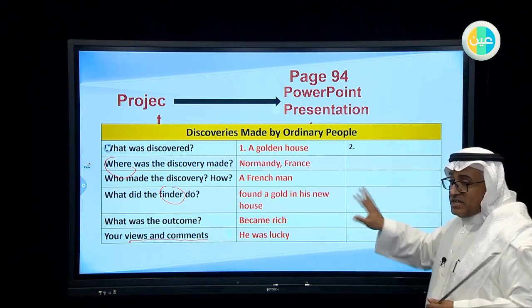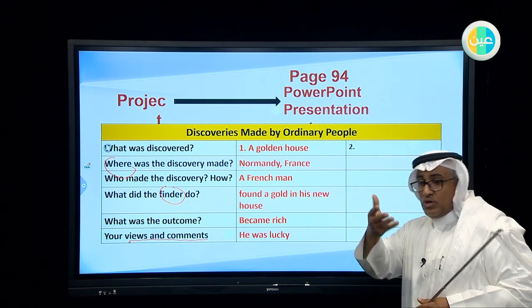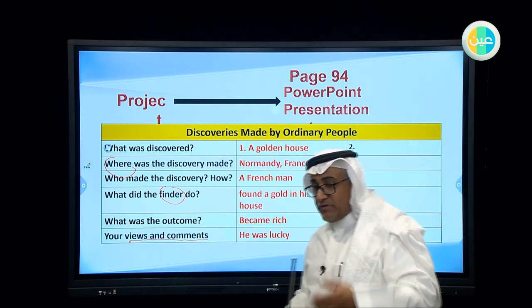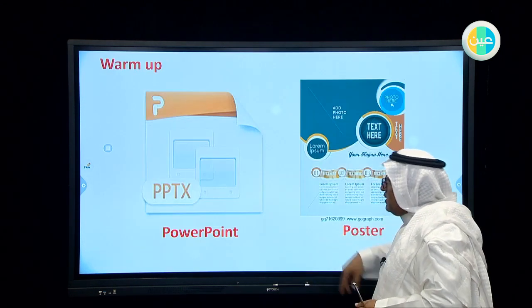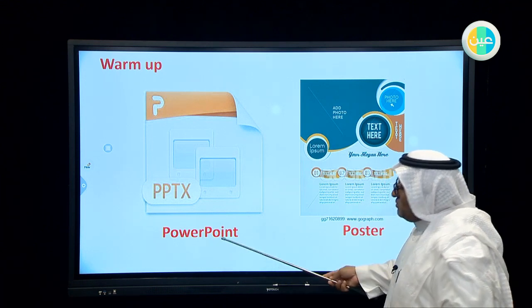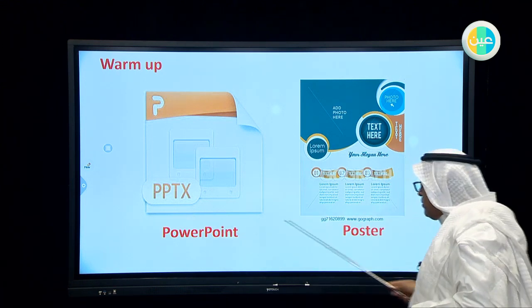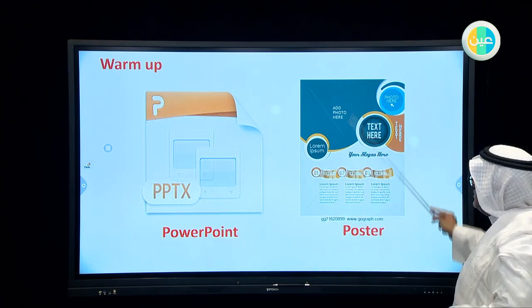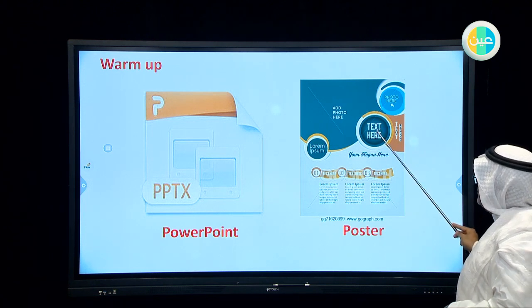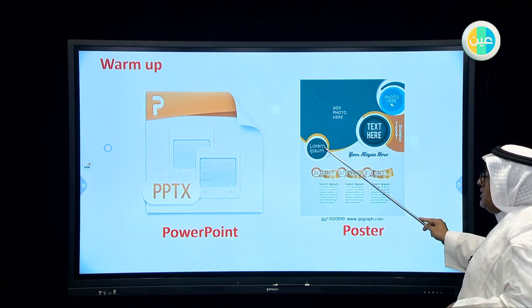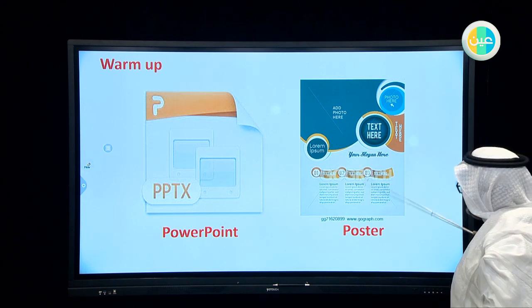Okay, guys, this is just an example. You can follow it and you can use your own words, your own discoveries. Okay, after finishing, make a PowerPoint slide or poster. Discovery 1, for example: the name of a person, the place, what the outcomes were, and so on.